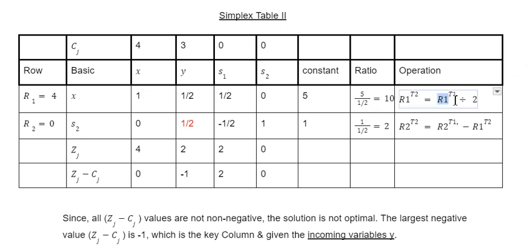Our input will be table 1 row 1, which should be divided by 2, and our next operation for making the element under the pivot element 0 will be through this operation.